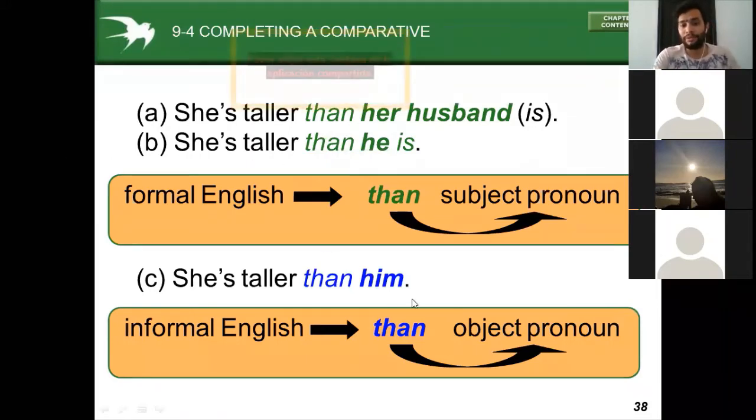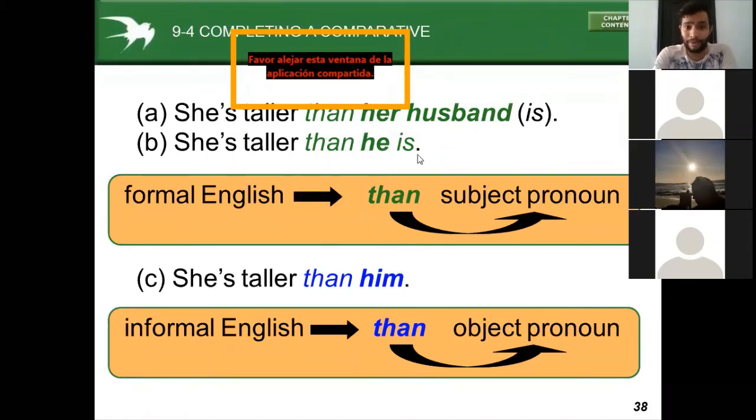Remember that object pronouns are me, you, him, her, it, us, and them, right? Those are the object pronouns. So these two up here are the formal way, and this down here is the informal way, right?